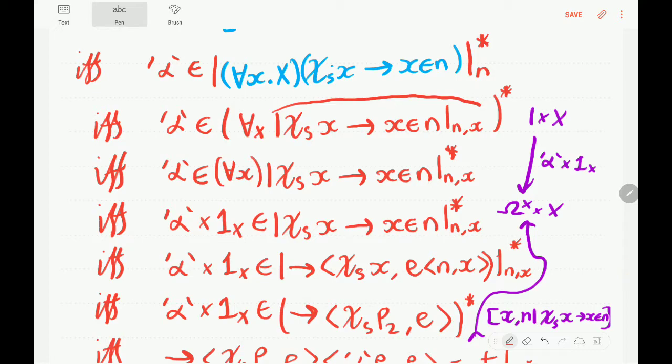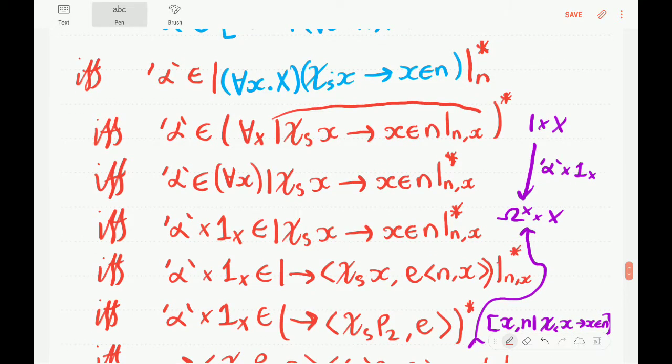And another way we can say that is to use our result about universal quantification. So again, you might want to look up the universal quantification proof for more background on this, but we can rewrite this as a name of x is in for all little x, interpretation of chi S of x implies x in N, over N and x, and we want the subobject classified by that.